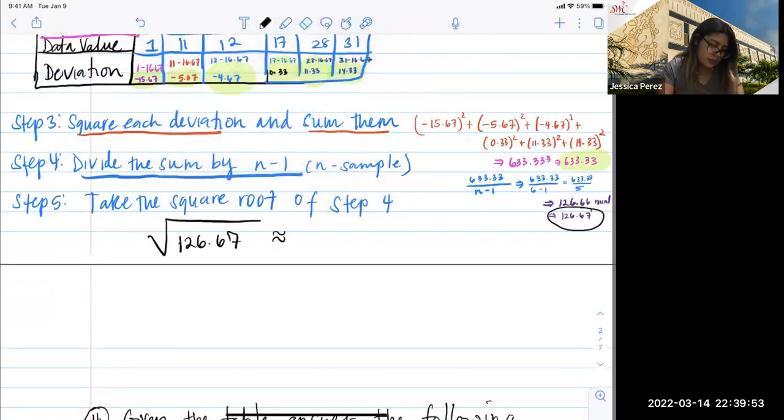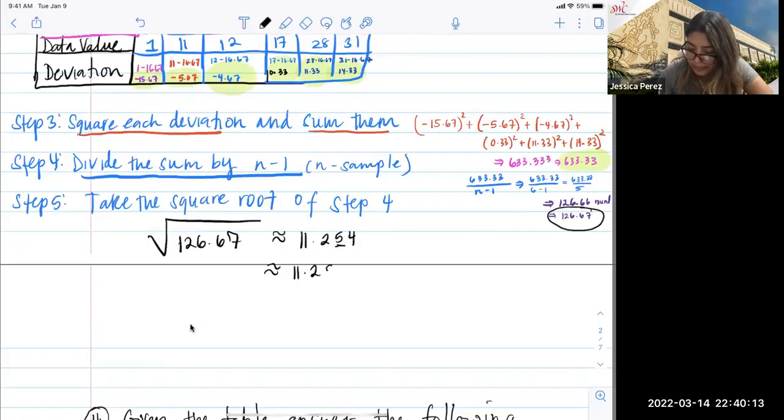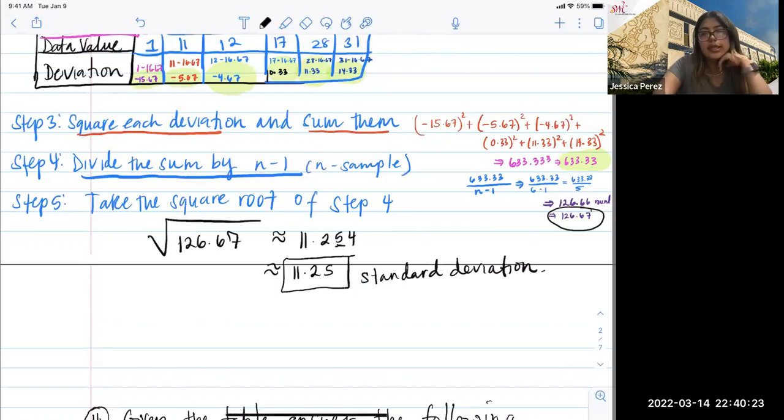The square root of 126.67 is going to give me roughly 11.254, rounded to the nearest hundredth. So it's 11.25. This is your standard deviation, finally. So you have to do all these steps before you get to the standard deviation part. Okay, so that is your final answer.